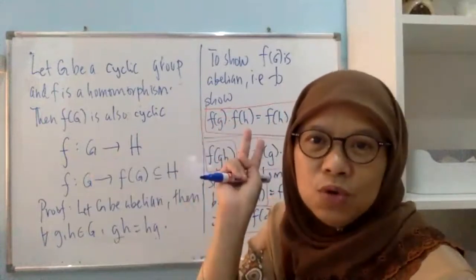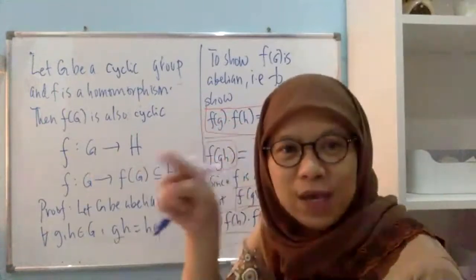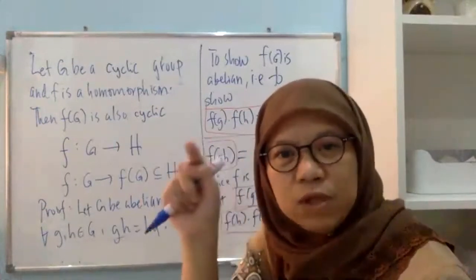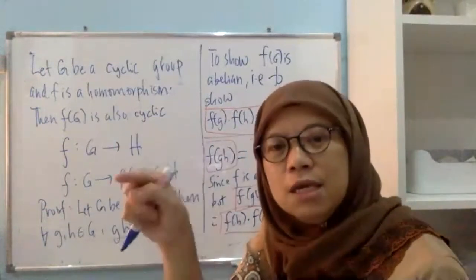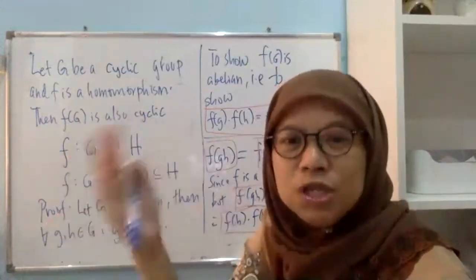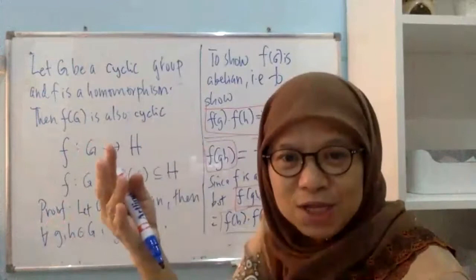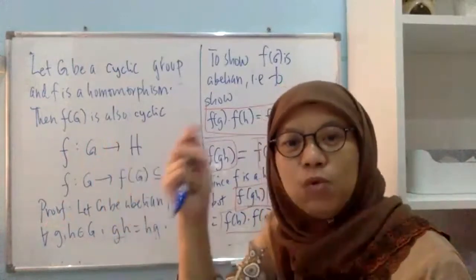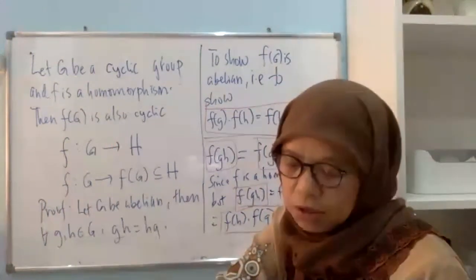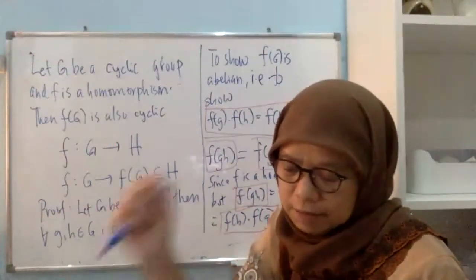No. It's just one way. Understand? If G is isomorphic to H, G and H have to be both abelian, or both non-abelian, or both cyclic, or both not cyclic. All right, so this is a one-way property. So the homomorphic image of a cyclic group is cyclic.